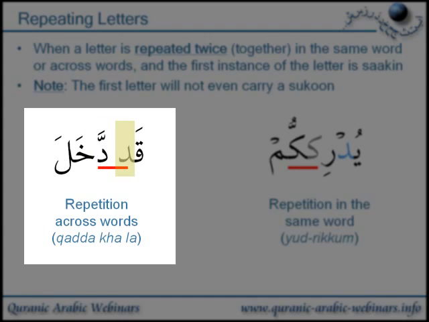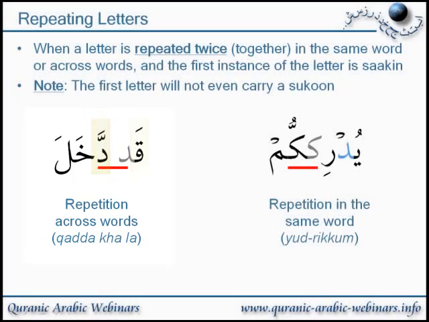So it doesn't even have a sukun. We've color coded it in grey to indicate it's not going to be read. They'll put a shadda on the next dal in order to do the joining or the merging. So this would be read as qad dakhala. So you directly join the qa to the dal with the shadda.